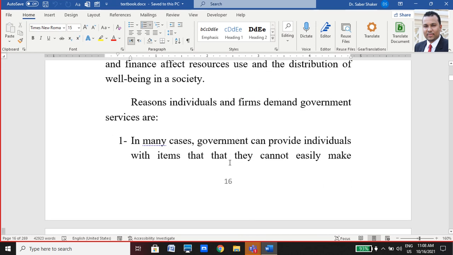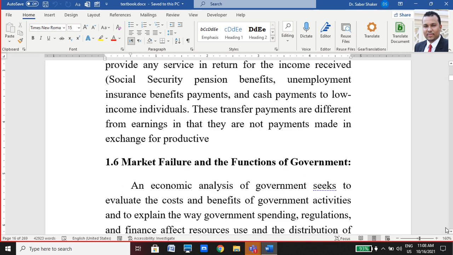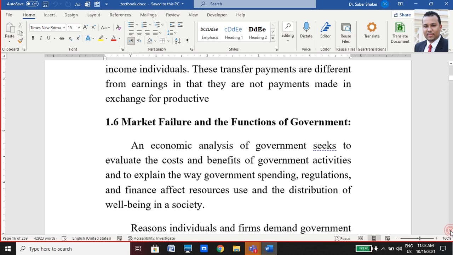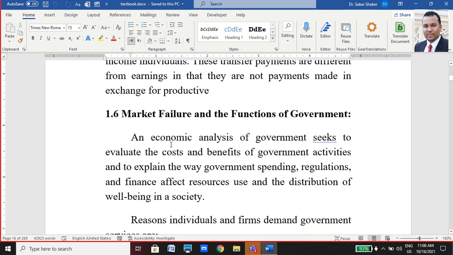The last point in our lecture today: market failure and the function of the government. The concept of market failure: what do we mean by market failure? Market failure is when you achieve a benefit, as an individual or firm, from any public goods or services without any payment.